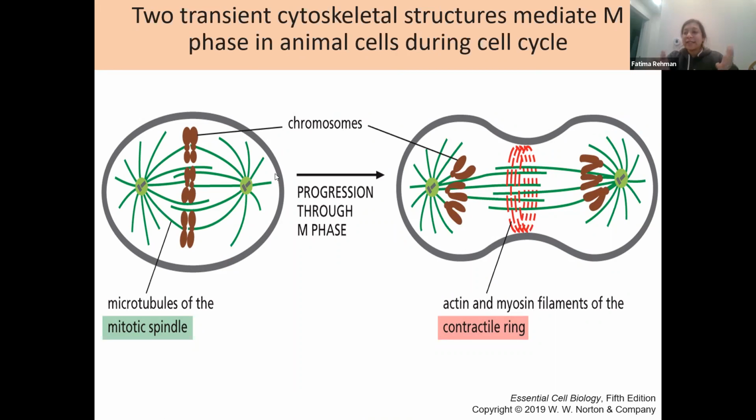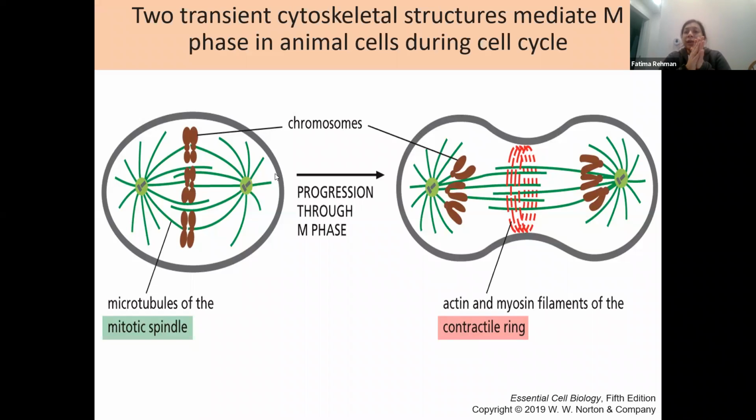Okay, so the third function that microtubules perform, this is a review of what we've already looked at, is the cytoskeletal structure, right? Mediated in the M phase to create those kinetochore microtubules, to create that spindle fiber structure to help in cell division.